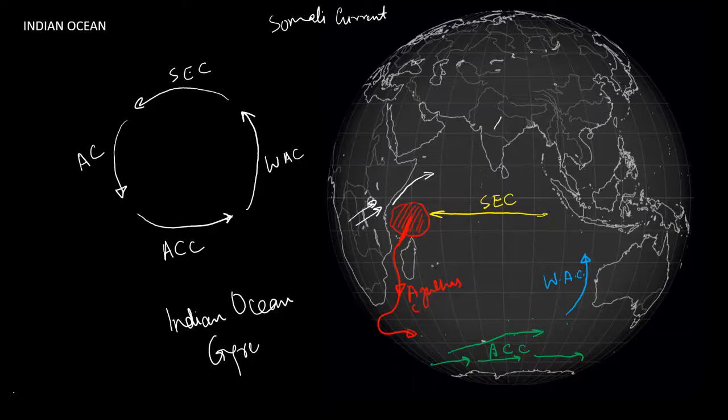While once the northeast monsoon sets in, the Somali Current reverses its direction and goes from north to south. So this is one current, but don't bother about it. Just out of sheer curiosity, I told you about the Somali Current.